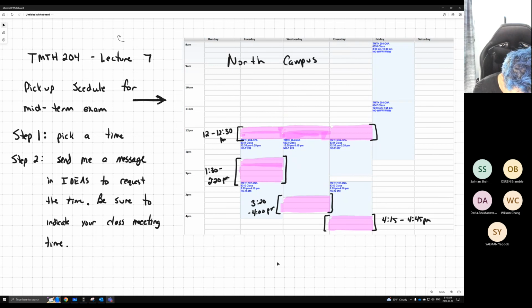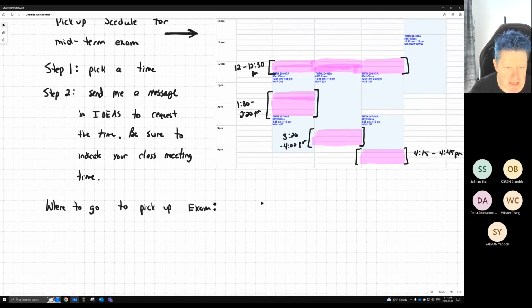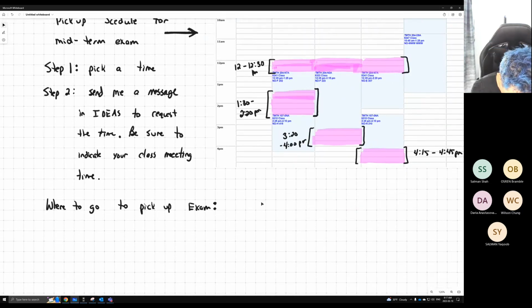Okay, where to go? So you've got to go to the North Humber campus, of course, and you want to go to the LRC. That's the main big building in the front of campus, the Learning Resources Commons, LRC. You want to take the elevator up to the 5th floor.